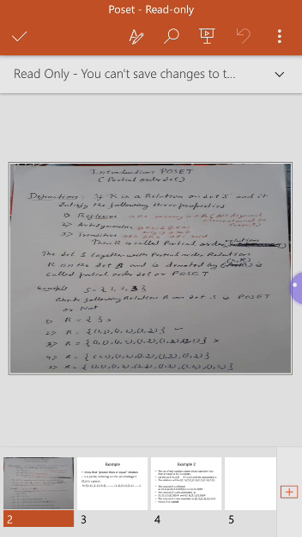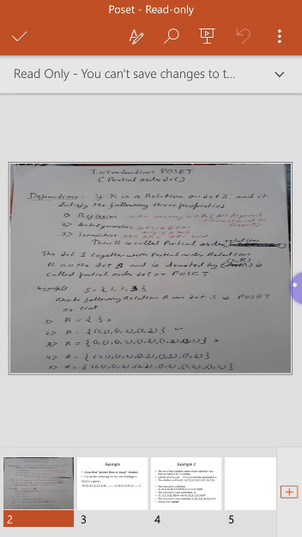Next relation, we have R equal to {(1,1), (2,2), (3,3)}. Yes, it is reflexive. We will check it for antisymmetric. Yes, it is antisymmetric also, as we know that antisymmetric allows the A equal to B form.